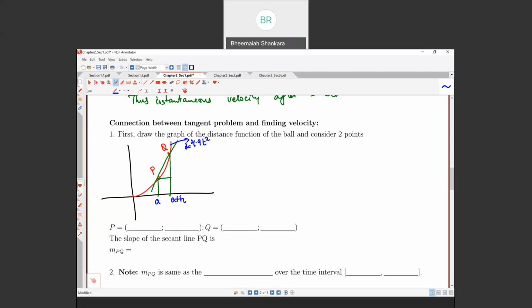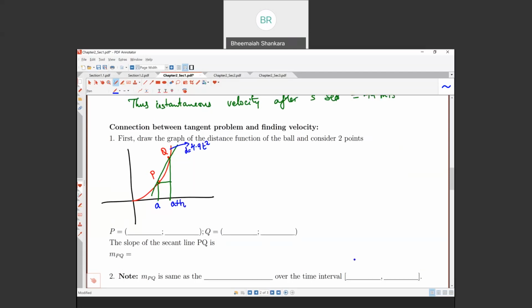So first draw the graph of the distance function of the ball, and we are considering 2 points, P and Q. In general, suppose the points you consider P and Q are defined as (x1, y1) and (x2, y2), and I want you to find the slope of the line.